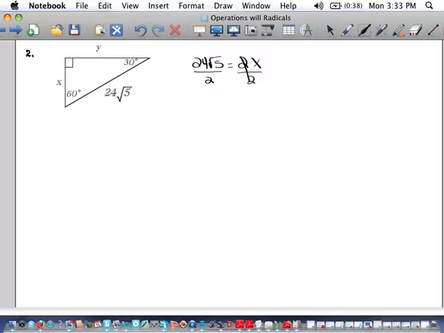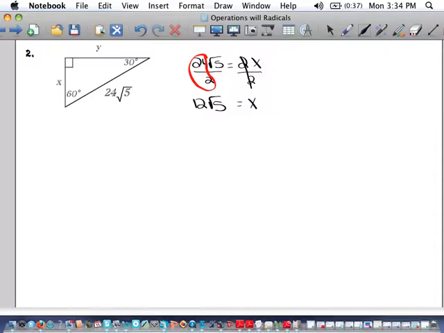These cancel, so x is equal to, now remember, on the left-hand side, we're just dividing the coefficient by 2. So this becomes 12 square root of 5. That's the value of x. Don't divide that radicand. There is no radical on the denominator, so you cannot divide that.